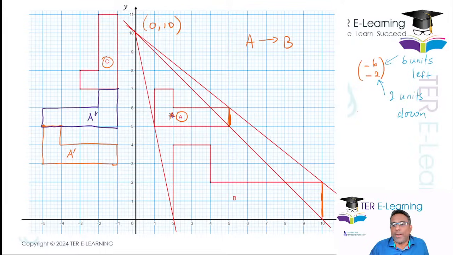Right, so some people saying it's a rotation. Yeah, once you see there's a change in the orientation of your object, it's a rotation, right?